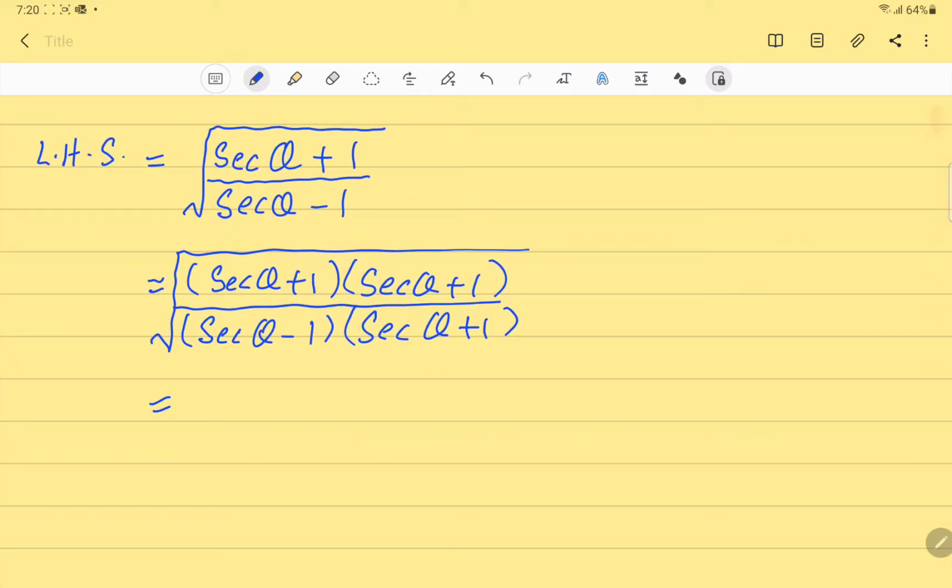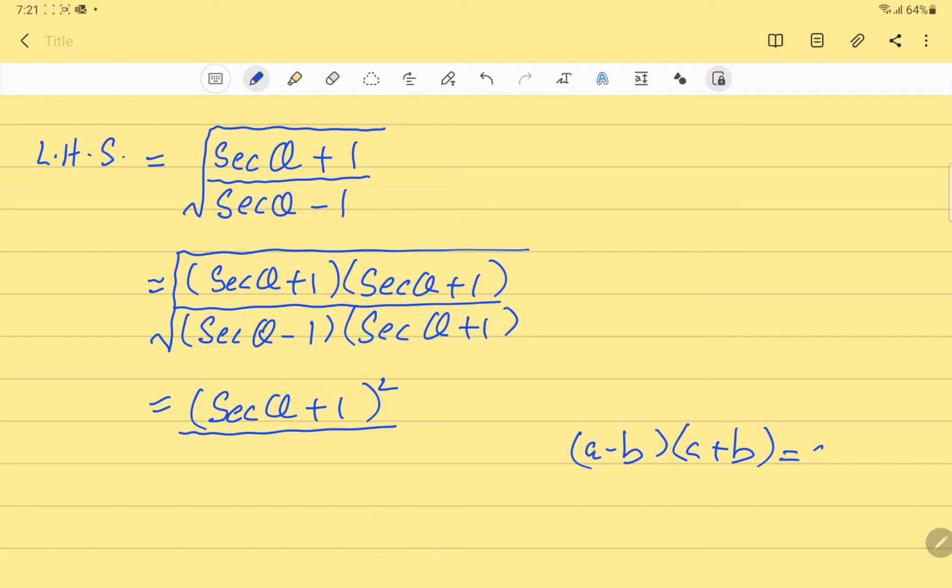In the numerator now we have both the same expression, so it will become secant theta plus 1 whole squared, and in the denominator we have this type of formula: a minus b into a plus b is equal to a squared minus b squared.